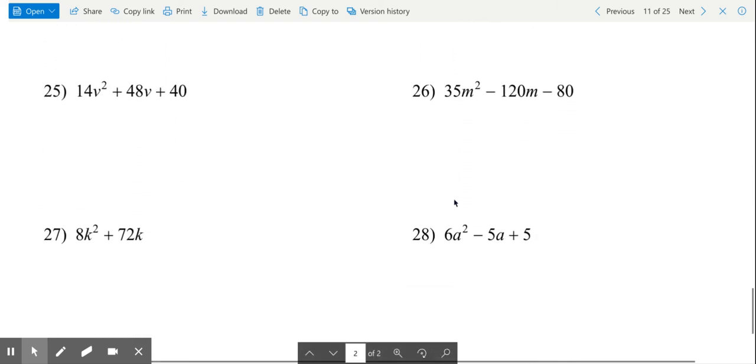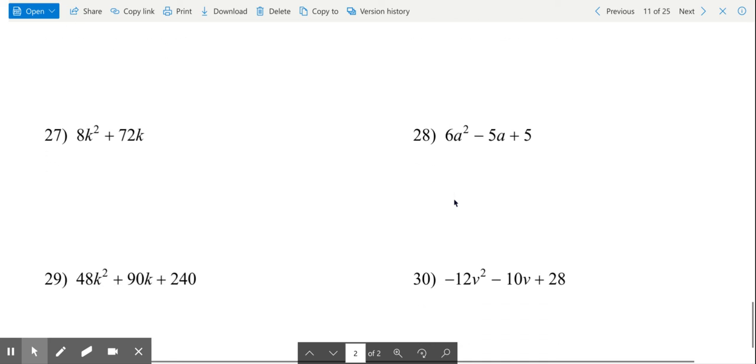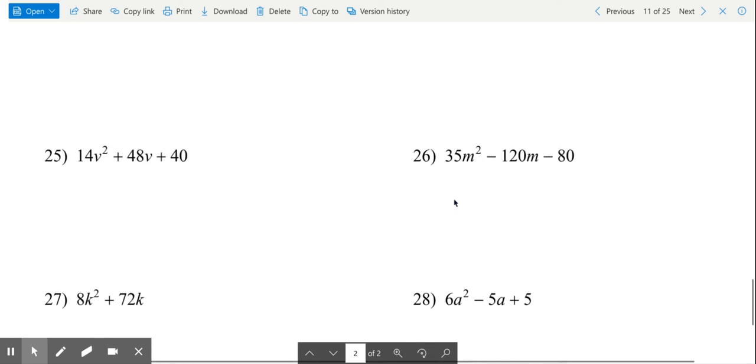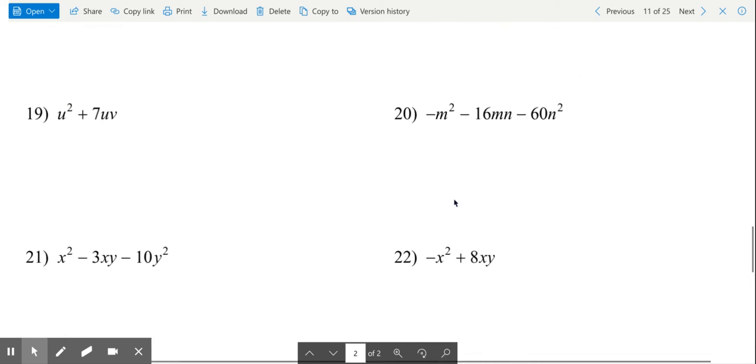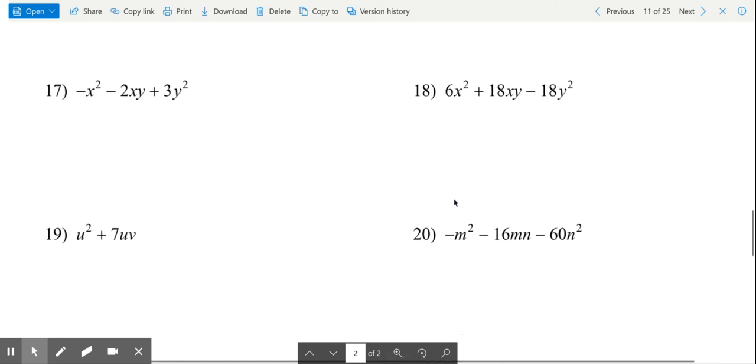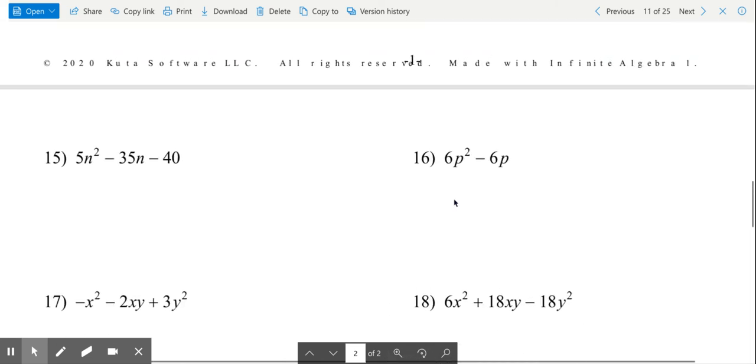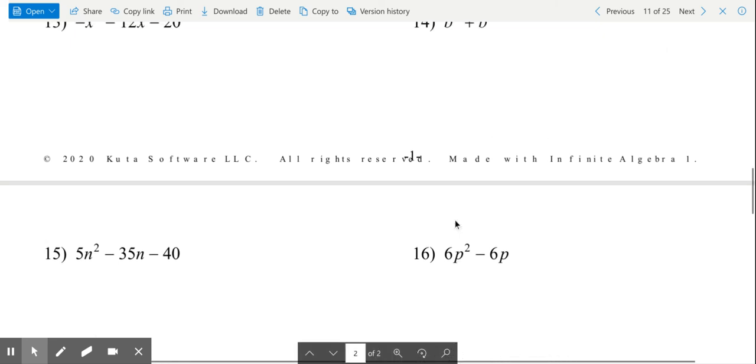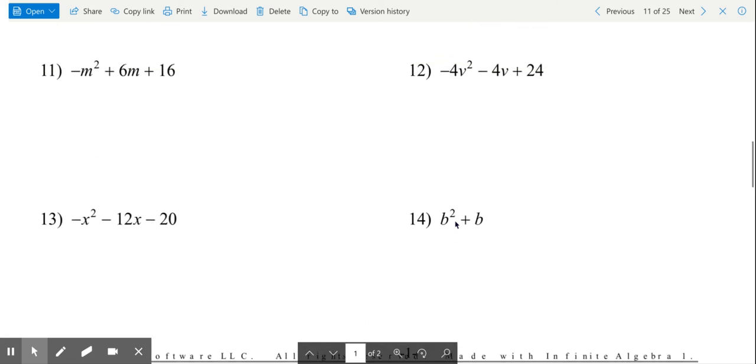Honestly, perfect square trinomial is the harder one of the two to see. If you see one that has a perfect square in the beginning and a perfect square at the end, the first term and last term are perfect squares, and you want to check to see if the middle term follows the pattern, go ahead.